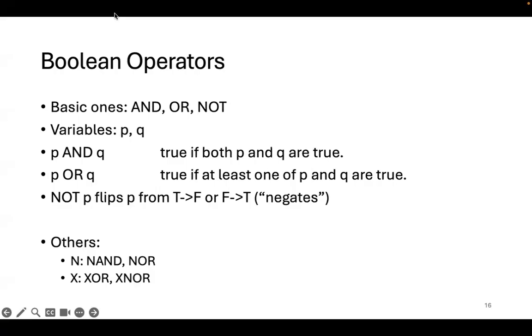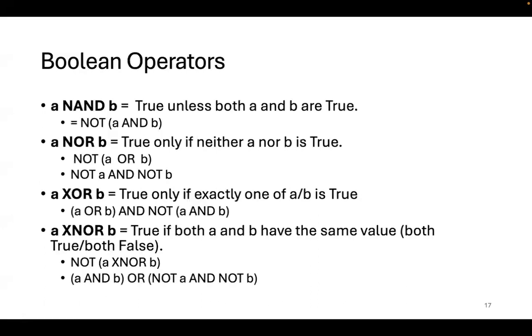You're probably familiar with the operators AND, OR, and NOT. We use these in programming all the time. Things you may not be familiar with are NAND and NOR, or XOR or XNOR. Again, I don't want to get too much into detail, but these are operators you may not have heard of before, where NAND is true unless A and B are both true.